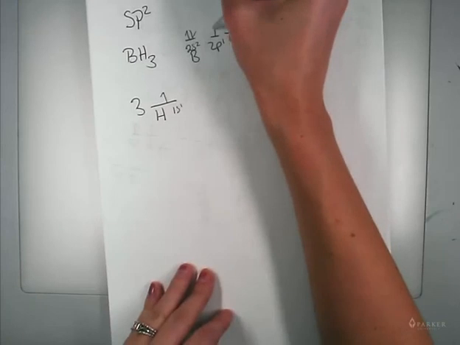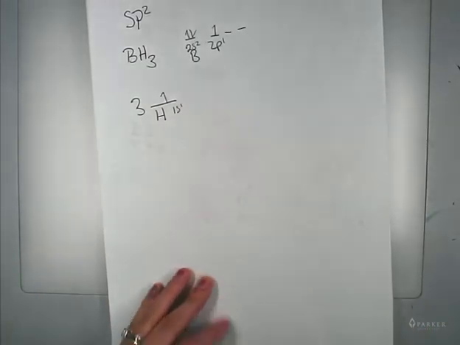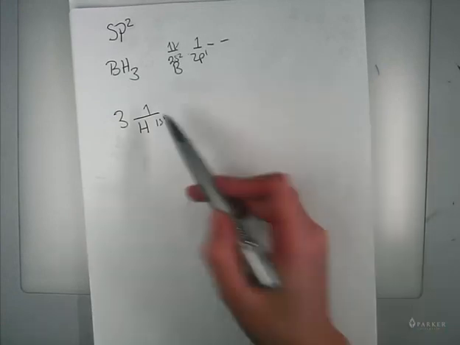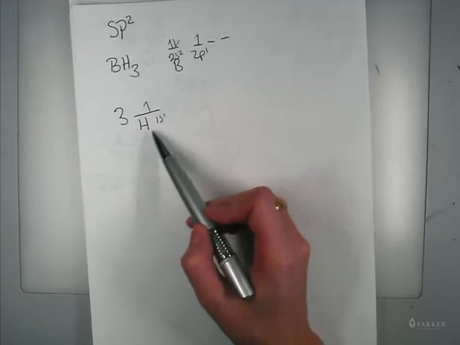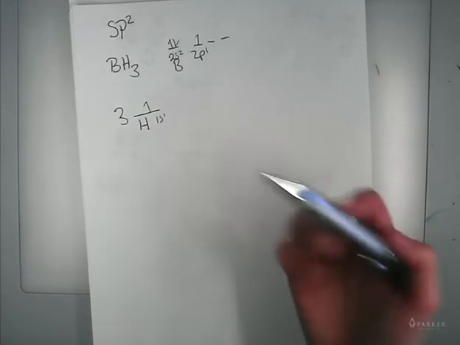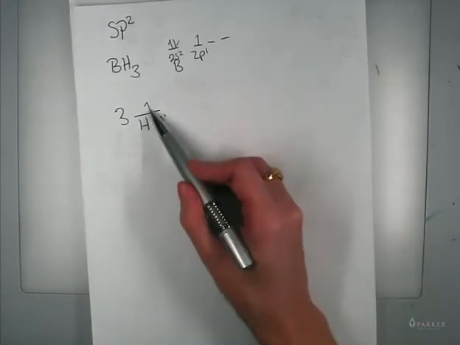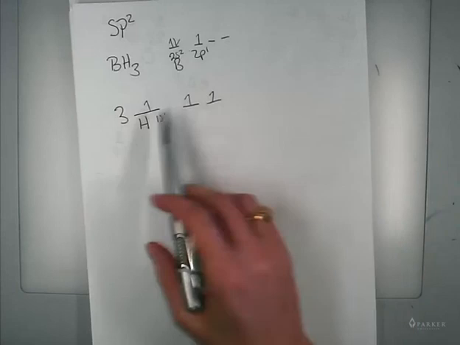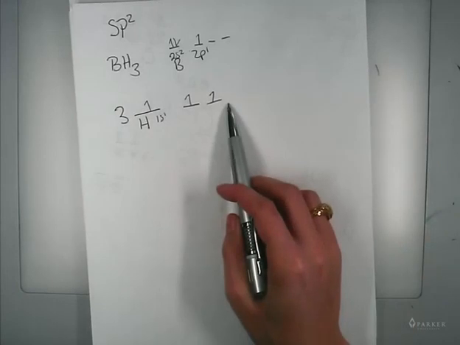And for my P, I'm going to have 1 arrow up. Now, how many unpaired electrons do I have for hydrogen, my outer electrons? 1, but how many of them? 3. So there's 3 total unpaired electrons. I can draw 3 if you want, because there's 3 hydrogens.